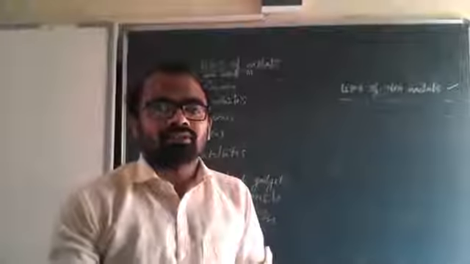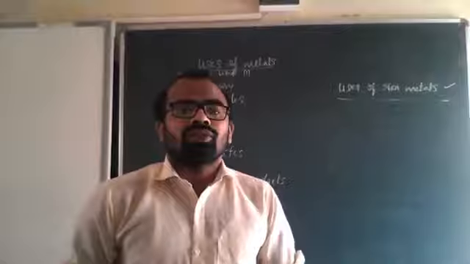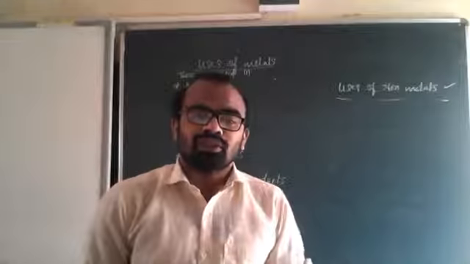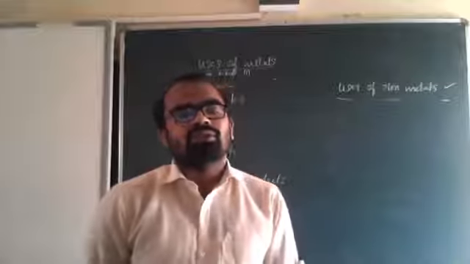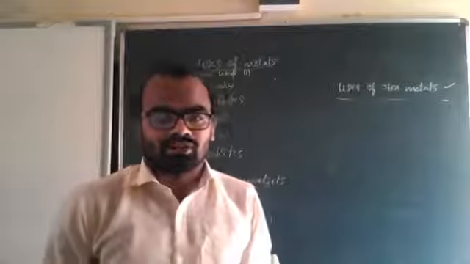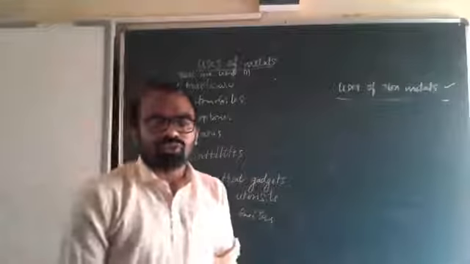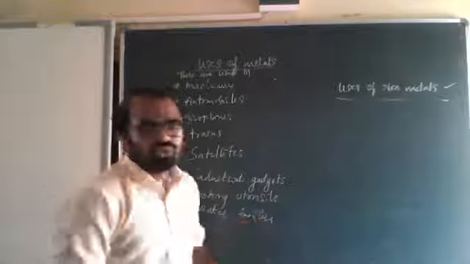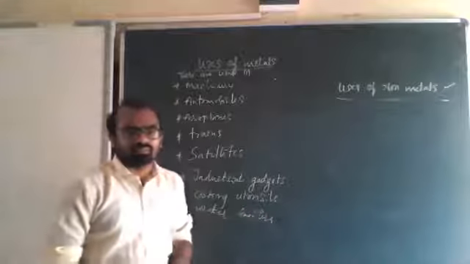So what happens is, here in this class we are seeing uses of metals. So last class we have seen chemical properties of metals as well as non-metals. You have to remember all the reactions. But in this class what we are seeing? We are seeing uses of metals. So what are the uses of metals?